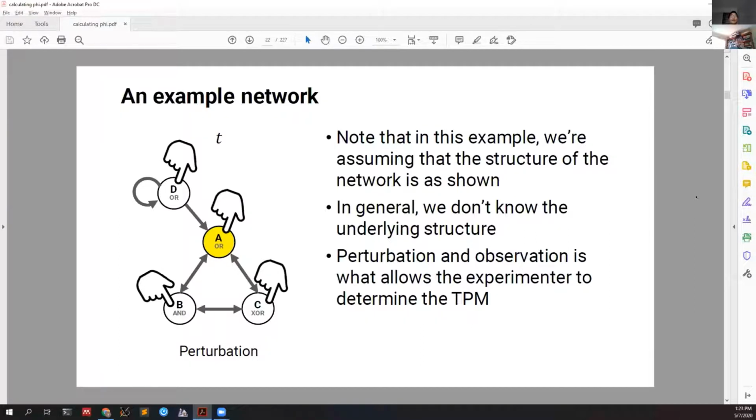But basically, in order to get the TPM, what we need to do is the same. So first, perturb the system, and then observe the results. That's what we need to get the TPM.